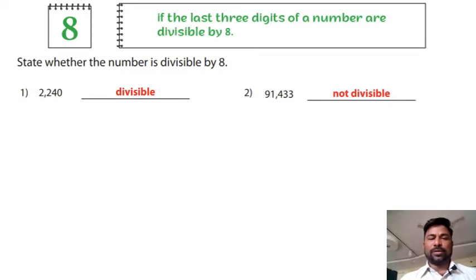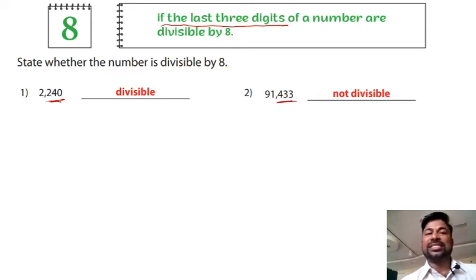Yeah, let us get back to the next screen now. So what is the rule for divisibility by 8? If you check it out, how many digits are we taking? The last 3 digits, not the total, right?